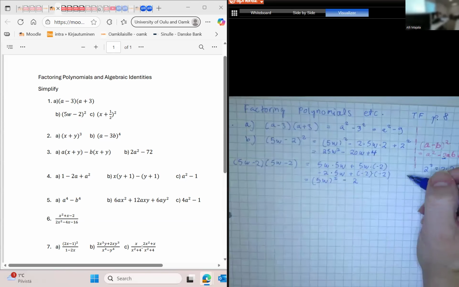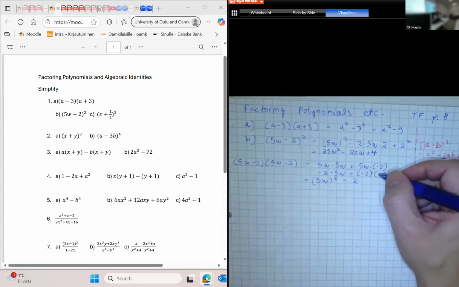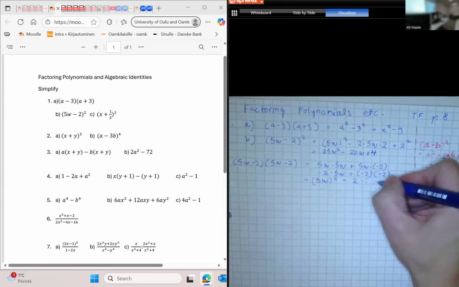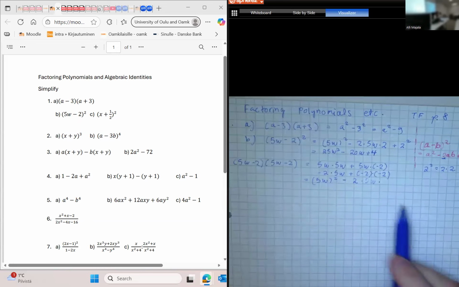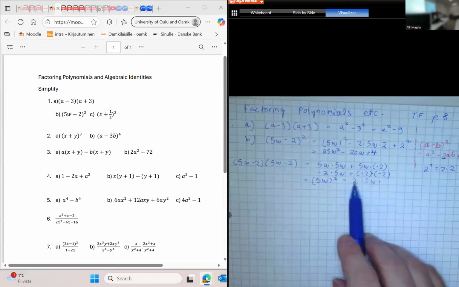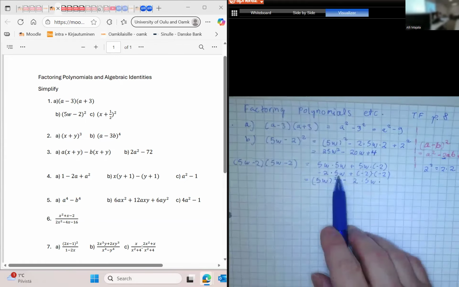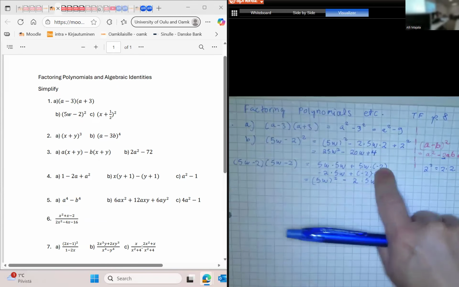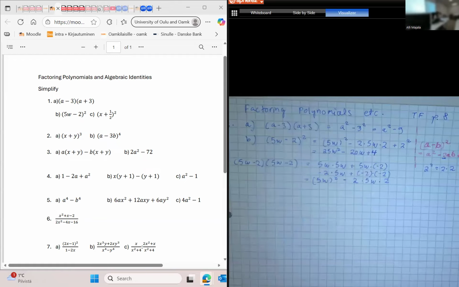2 times minus 2 times this times the latter term. So 2 would come because there were 2 terms, and then this 2 would come because I'm always multiplying here the 2. Yes? Do you see the sense?